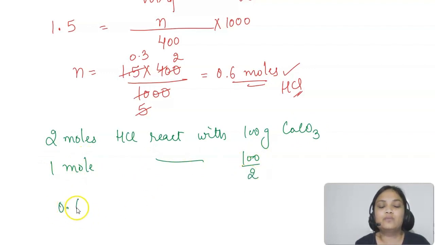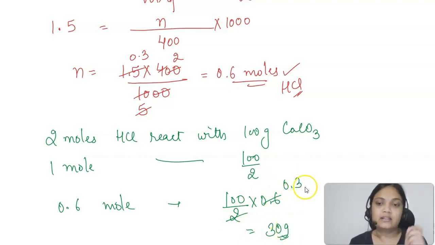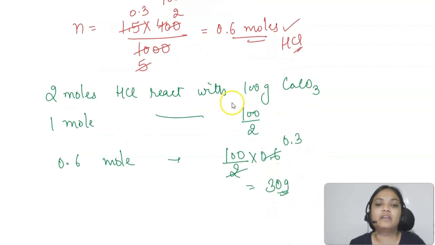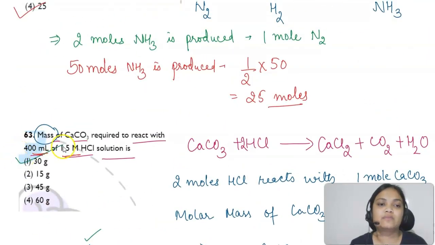And 0.6 mole will react with how much? 100 by 2 into 0.6. So it will be 0.3, and 0.3 into 100 is 30 grams. So this much calcium carbonate will be required. The answer is going to be 30 grams, which is your option number 1.